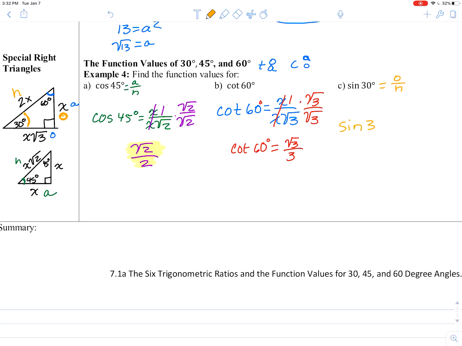So the sine of 30 degrees is x over 2x, and we simplify that by canceling the x's, and so we get the sine of 30 equals 1/2. Pardon me. And there you go. And so that's how you use your special right triangles to help you find those exact values of 30, 45, and 60.